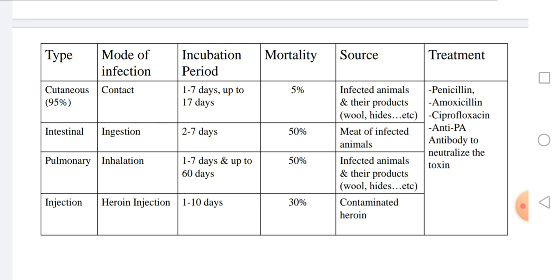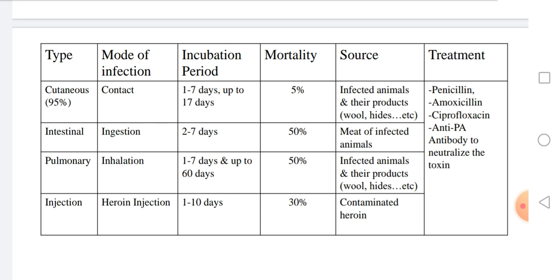Injection: this is heroin injection by the drug users. The incubation period ranges from 1 day to 10 days. The mortality rate is about 30%. The source of infection: contaminated heroin.